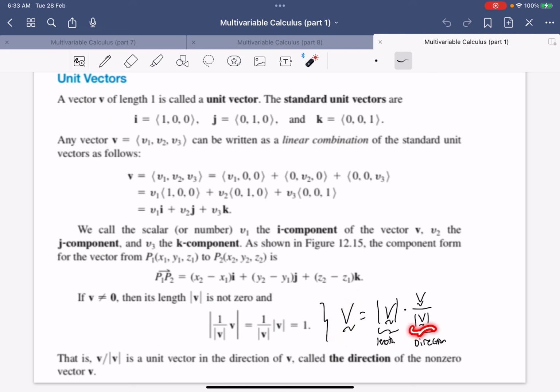So really the unit vector represents the direction, and the magnitude or the length of the vector is the scalar multiplied to this unit vector. Also, it's good to know that there are standard unit vectors, known as the Euclidean basis, where i is (1, 0, 0), j is (0, 1, 0), and k is (0, 0, 1). This is the standard one that we always take when we reference 3D space, unless stated otherwise.